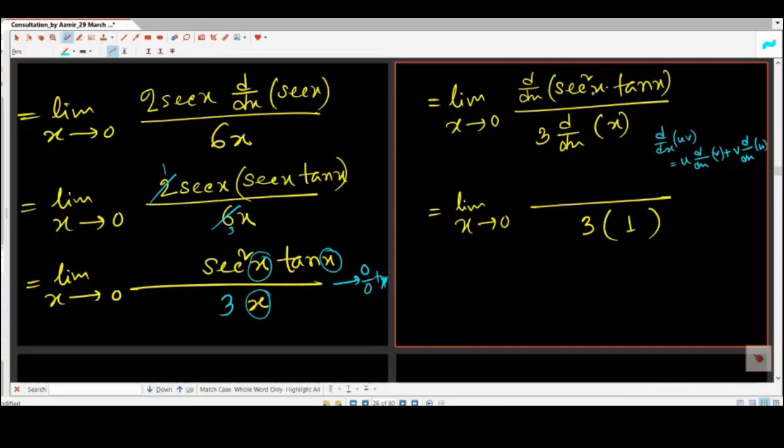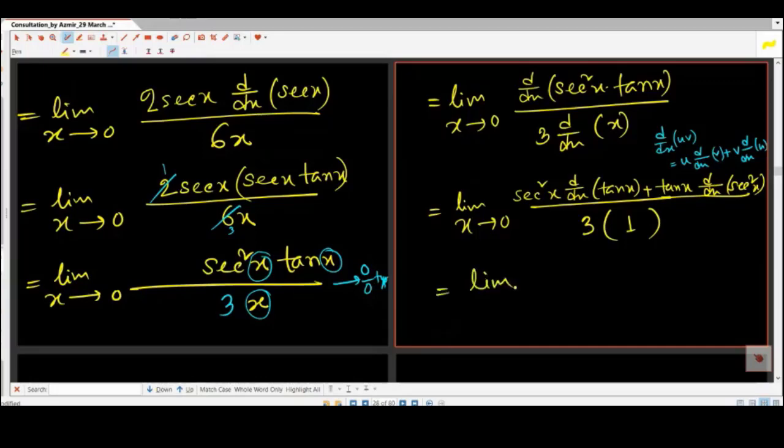So using this concept, we can find the derivative. Let's say secant squared x as u and tangent of x as v. So we have secant squared x d/dx of tan x plus tan x d/dx of secant squared x.